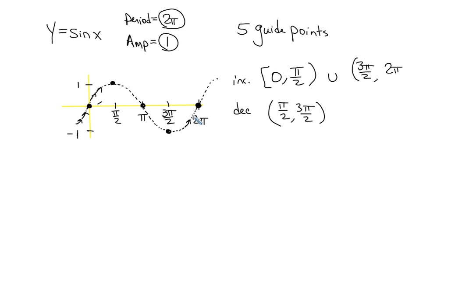So therefore we were increasing before 2 pi, we're increasing after 2 pi. It's not a turning point, therefore this would be a square bracket. So that's the idea of increasing and decreasing on an interval. You need to look and see what interval they're asking you about to decide about the round and square brackets. And look at what the graph is doing prior to hitting that point and after hitting that point.